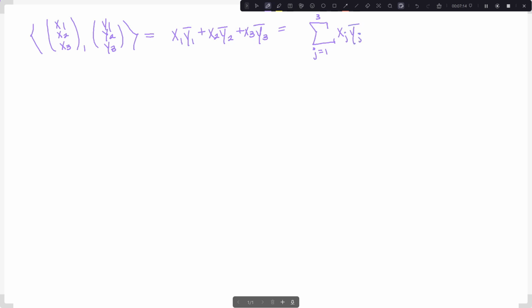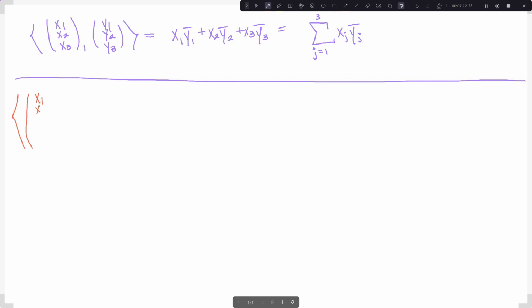conjugate. And in infinite dimensions, I'll jump over to the red color here. In infinite dimensions, x1, x2, x3, dot, dot, dot, inner product y1, y2, y3, dot, dot, dot.